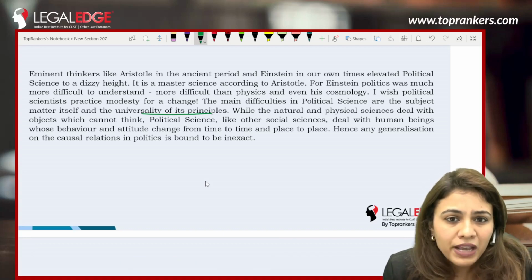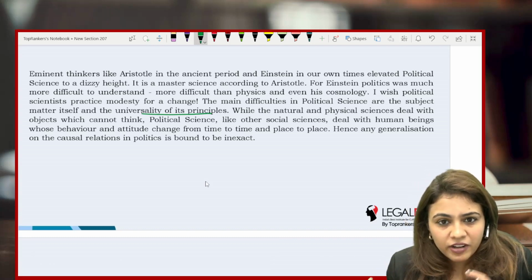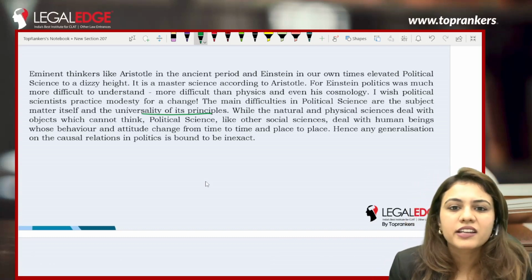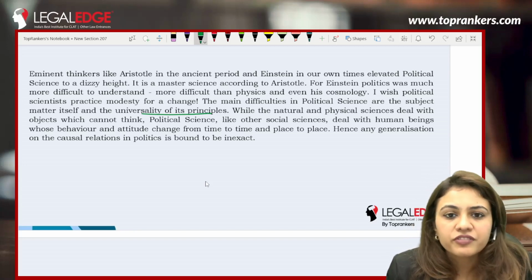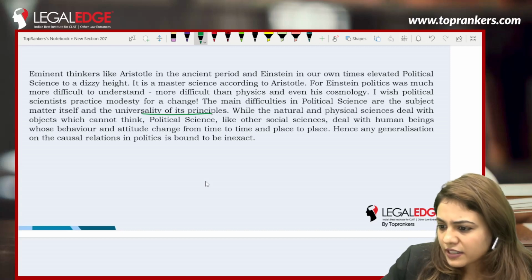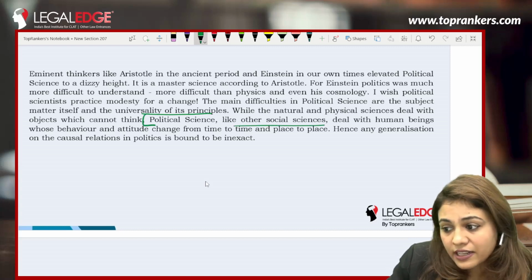But political science majorly deals with humans. And अगर हम whenever it comes to human beings, nothing is universal because every person has his or her point of view and opinion.